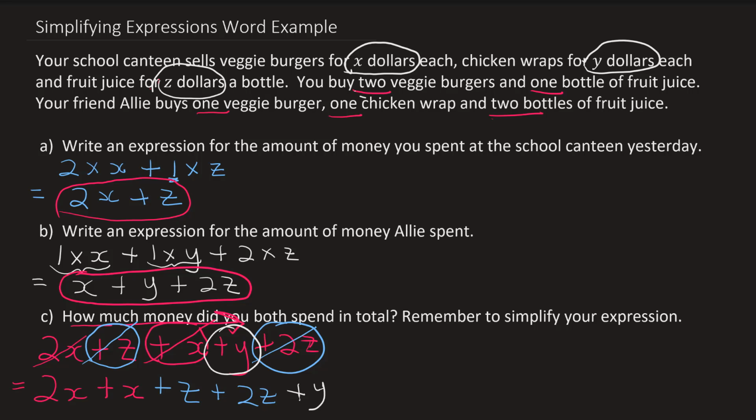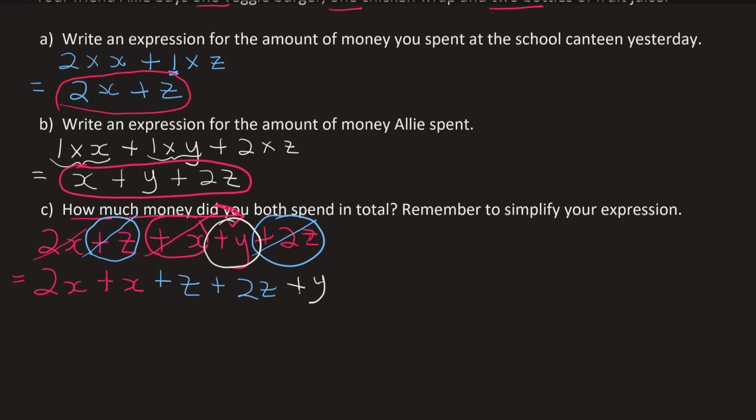Just let me scoot this up a little bit. Now I need to simplify it. I can add these two together and it becomes 3x plus add these together, and that is 3z. And this one is by itself plus y.